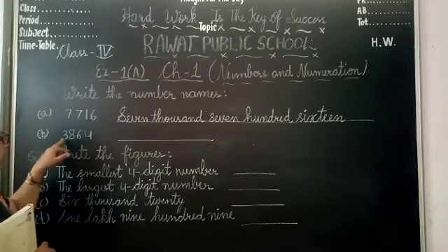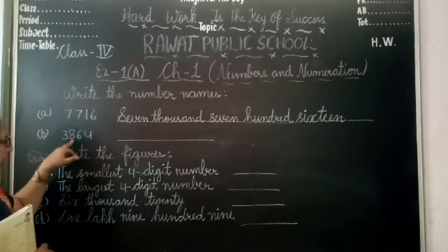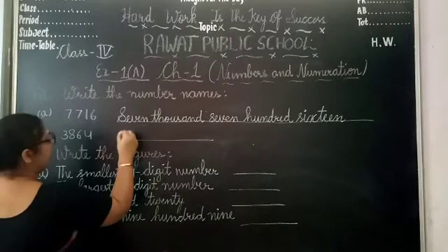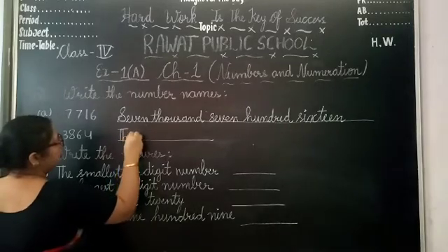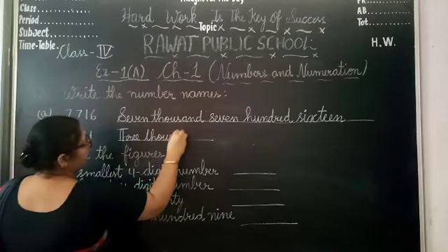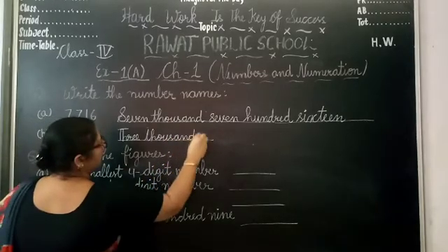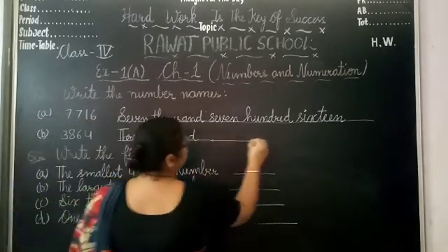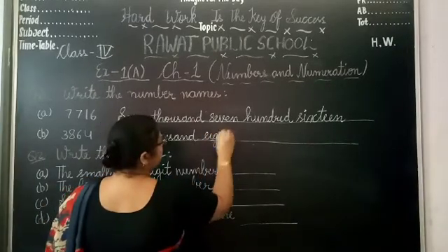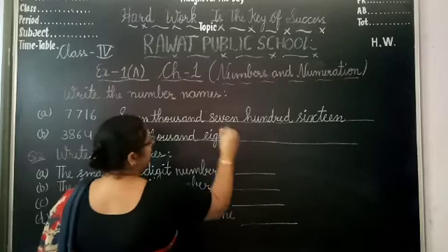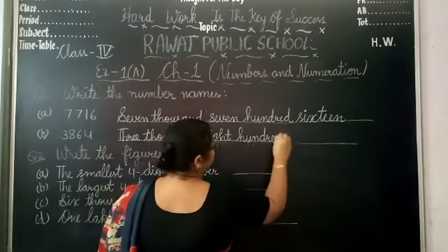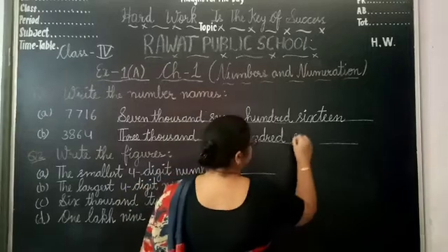Now the second is 3864. So write down the spelling: three thousand eight hundred sixty-four.